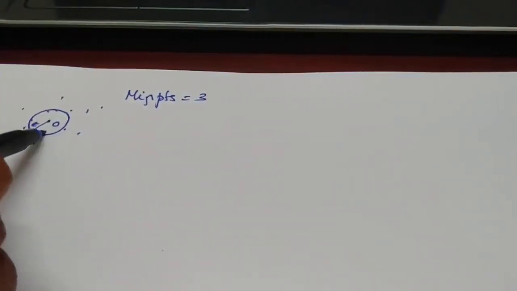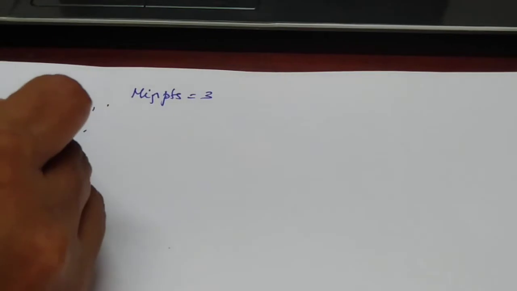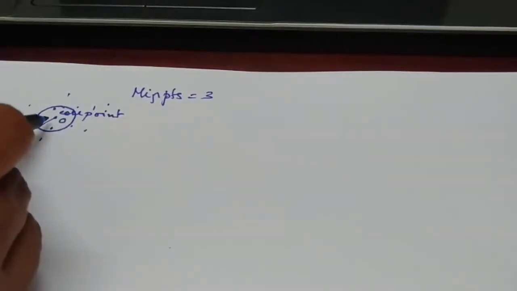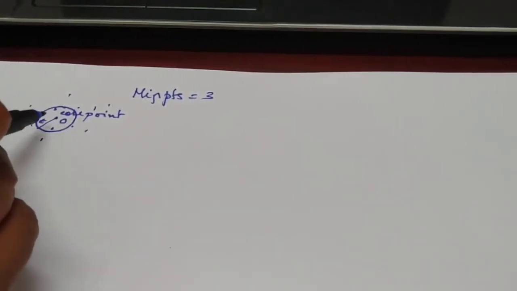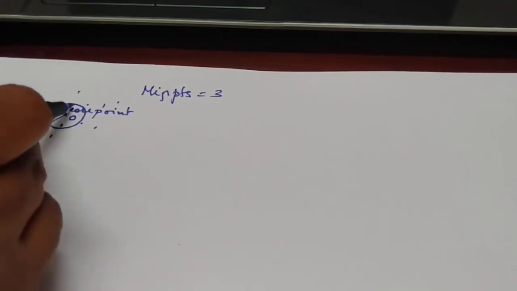I've got that minimum points is equal to 3. So I have, including this, 1, 2, 3, 4, 5 points inside this. So this will be a core point because I've got more than the minimum number of points in the epsilon neighborhood. So this is how we have epsilon. This radius, this area is the epsilon neighborhood.